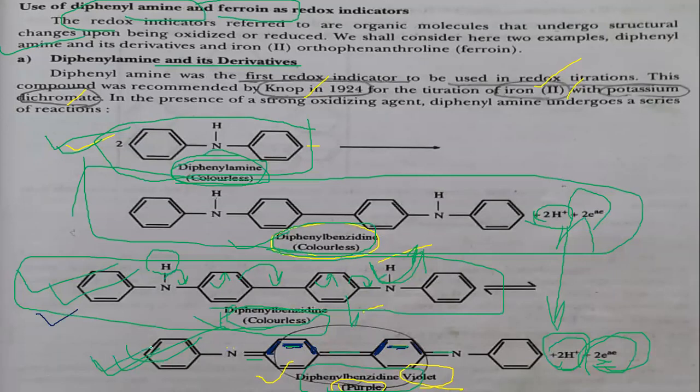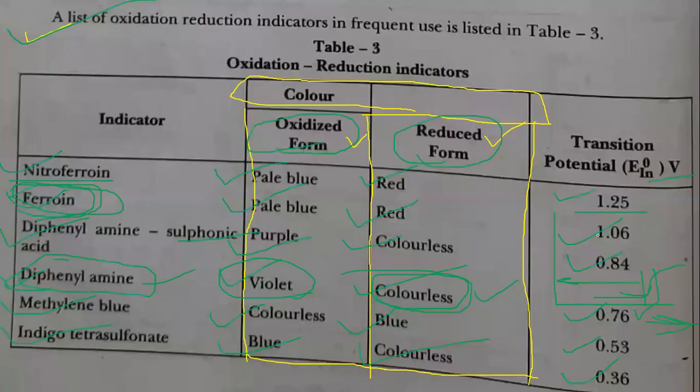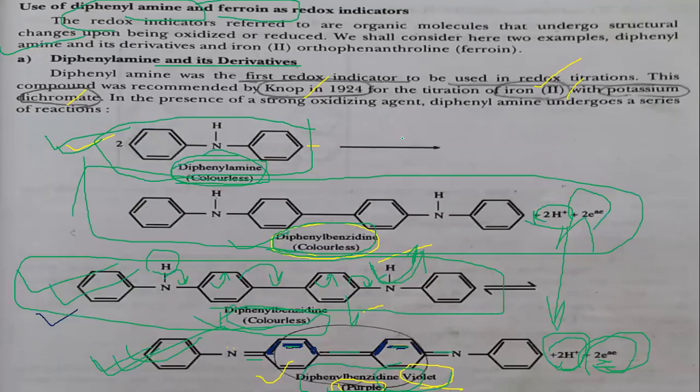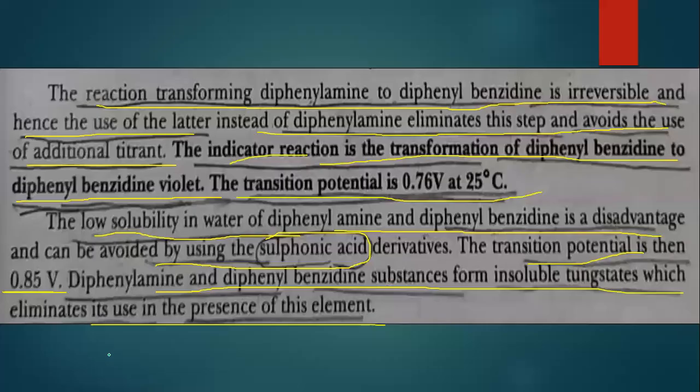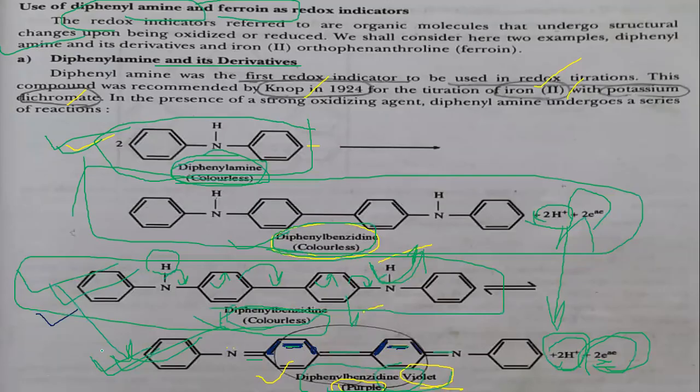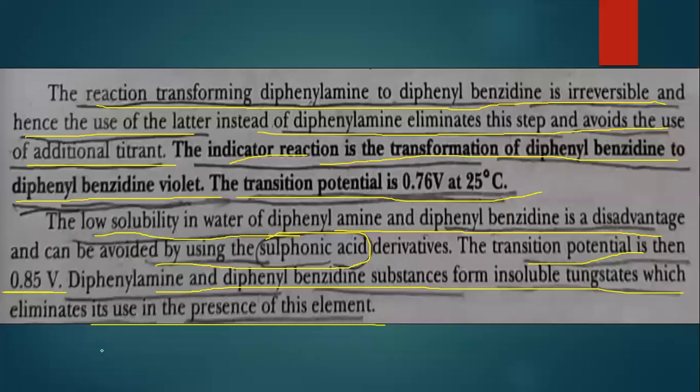And this takes place at the transition potential. This change from this form to this form occurs at the transition potential. So therefore we can use this molecule as an indicator. The reaction transforming diphenylamine to diphenylbenzidine is irreversible.